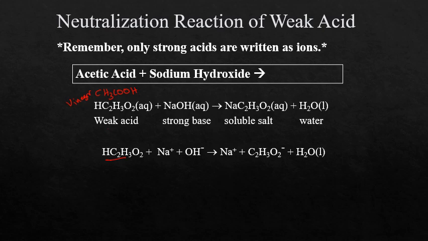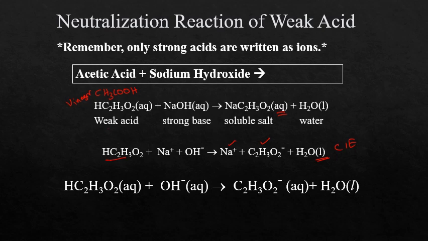And then the strong base can be ionized, Na plus and OH minus, and the soluble salt can be ionized, it is aq, Na plus and acetate ion, and a pure liquid cannot be ionized. So that is our complete ionic equation. And we will write the net ionic equation by taking off the spectator ion, which is Na plus, from both sides. We are getting the net ionic equation for acetic acid and sodium hydroxide.